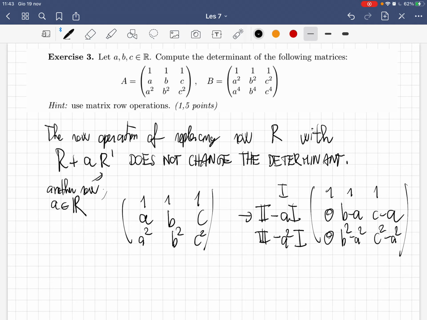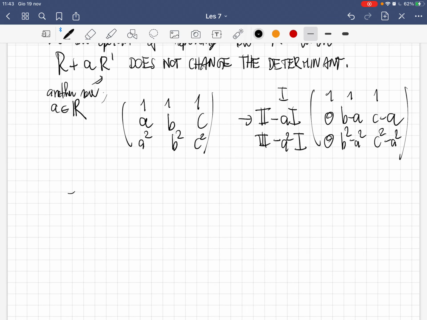Okay, very good. Let's see if we can do something more. So let's decompose, let's go on a little bit. This is again 1, 1, 1. Oh, sorry, bad handwriting. So 1, 1, 1, and here's 0, B minus A, C minus A, B plus A. Let's also decompose this.